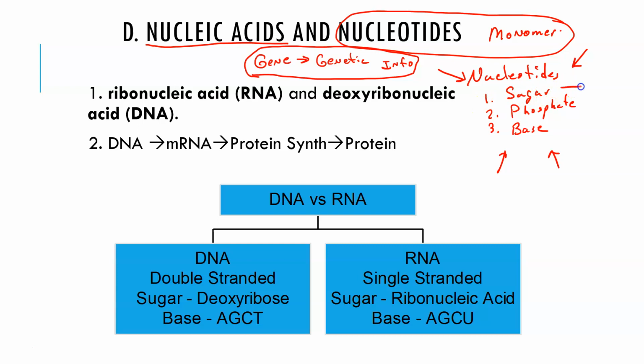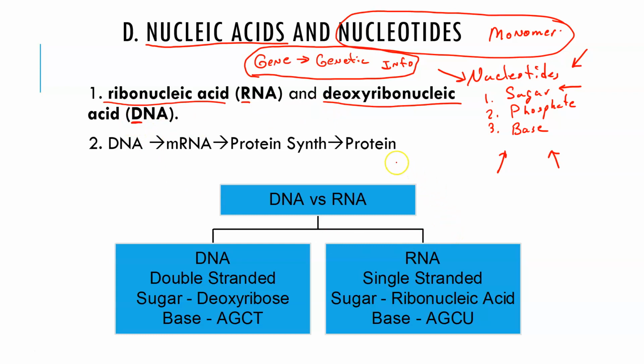If we change this molecule right here, the sugar, we get some different forms of nucleic acids. There's one that's known as ribonucleic acid, where we use the sugar ribose. And then there's one that's known as deoxyribonucleic acid, where we use the sugar deoxyribose.